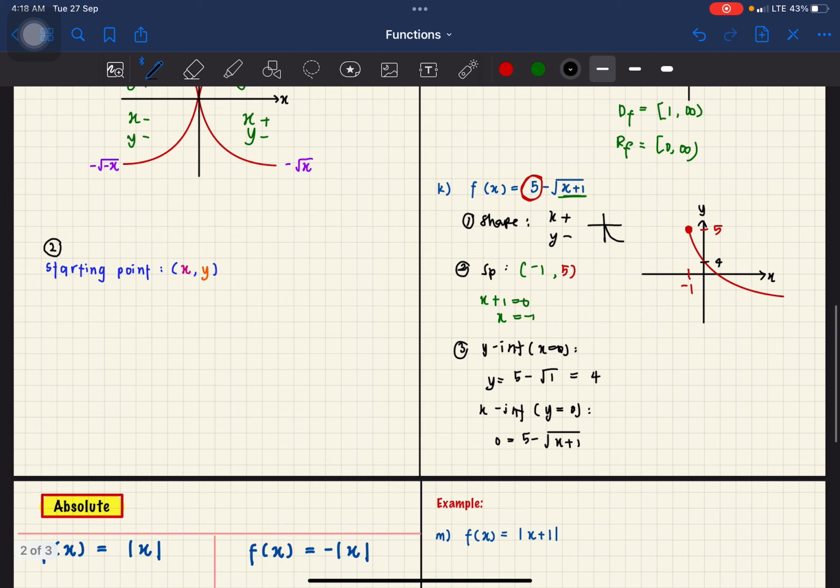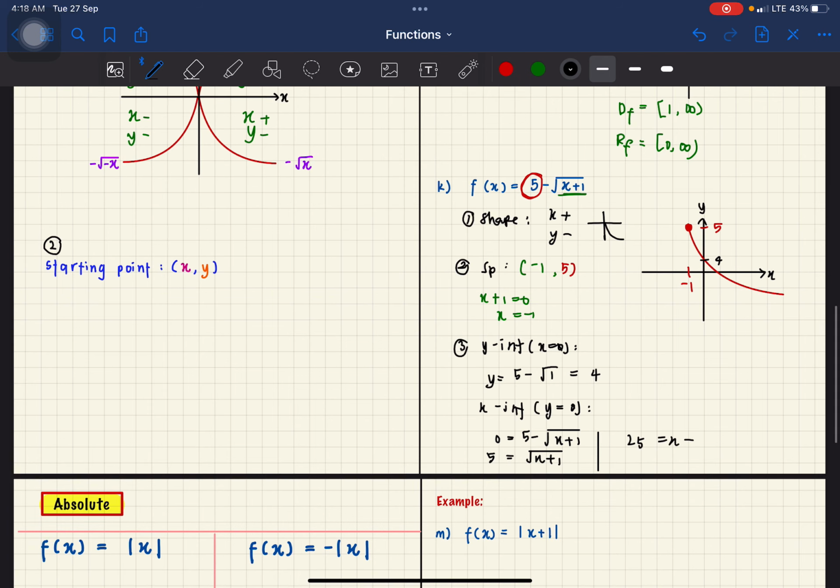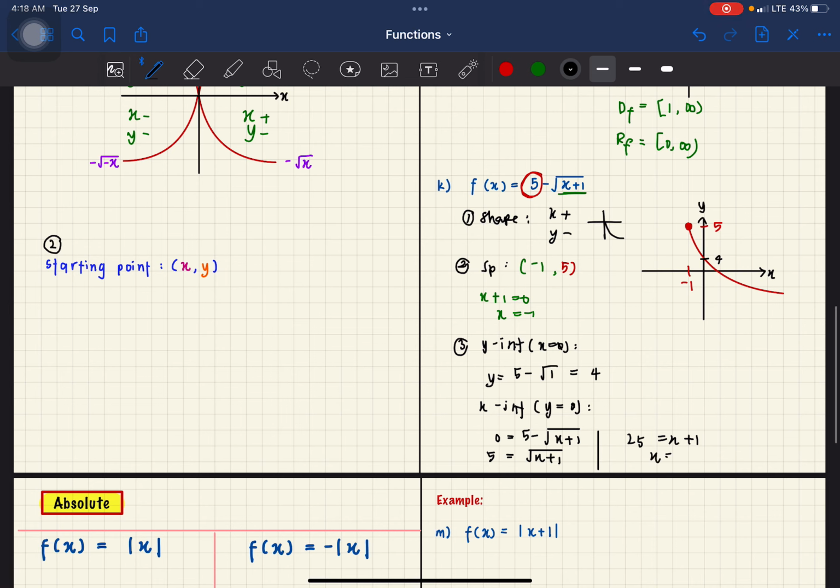Okay, and then kita akan ada 5 equals to square root of x plus 1. Okay, so nak hilangkan square root macam mana? Kita squarekan both sides. So you have 25 equals to x plus 1. So dapatlah x equals to 24. So dekat sini x awak adalah 24. Lebih kurang. Okay, and then don't forget to label 0. Okay, so domain dengan range awak cari sendiri.